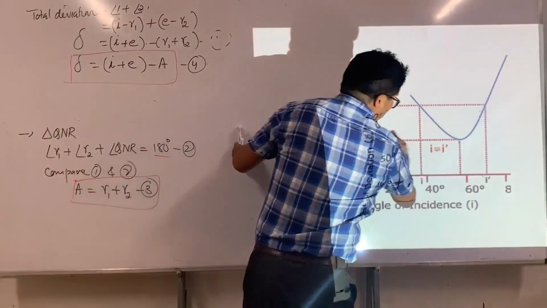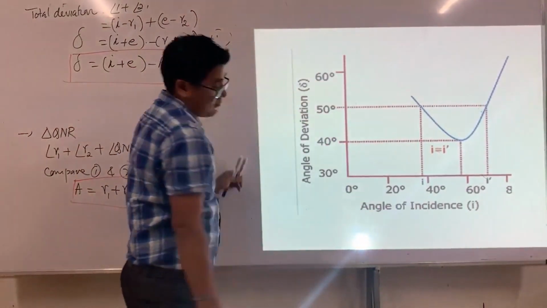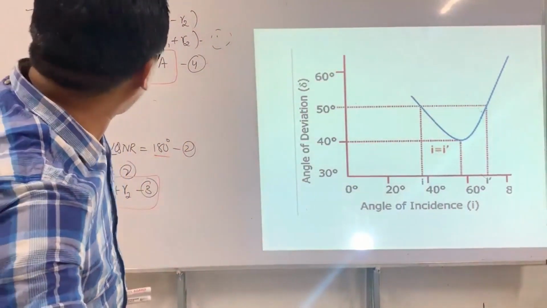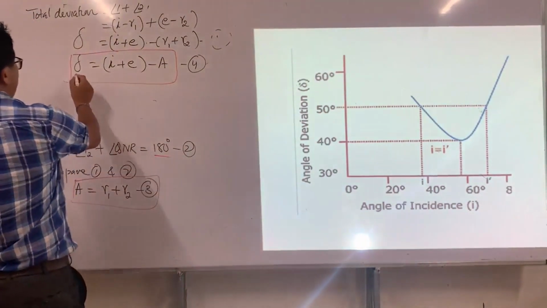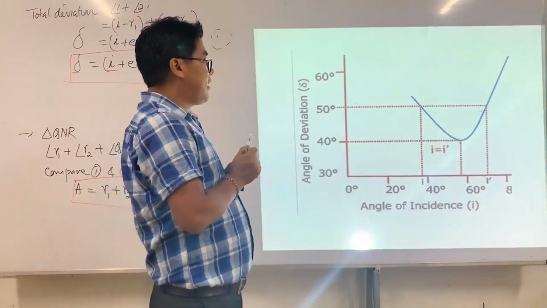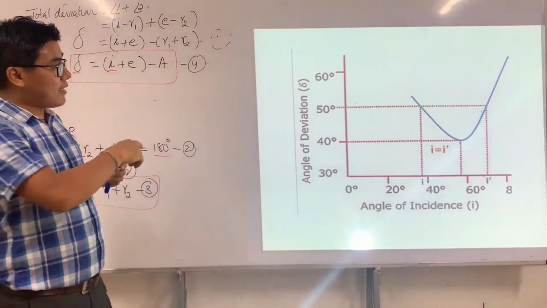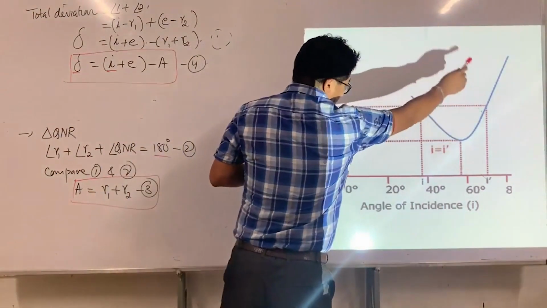When we plot a graph between angle of deviation and angle of incidence, we are going to get this. Now if I explain this graph, it is a curve like this.